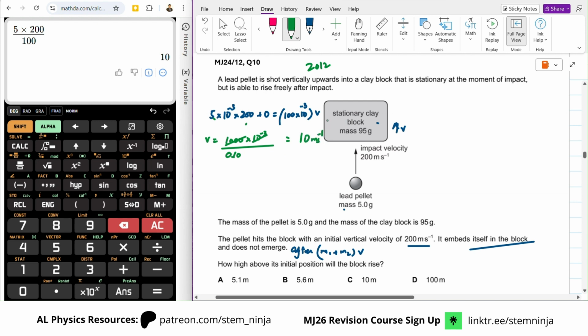So 10 meters per second. This is the initial velocity u after collision.